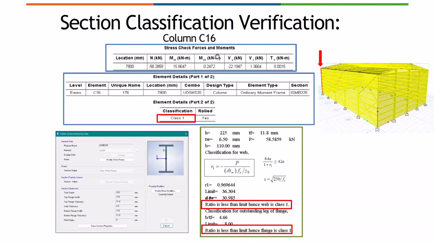The program classifies the column section as class 1, and on manual calculations in an Excel sheet, we get the same classification that the program does. So the program will check the classification for the web member as well as the flange.